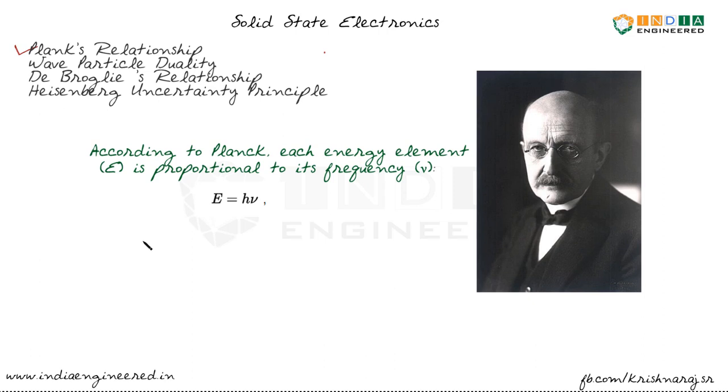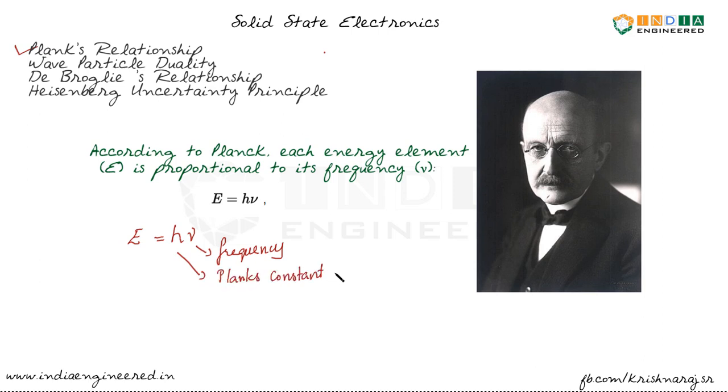With respect to semiconductor theory, the important point to note here is that the energy E associated with a photon is equal to h nu, where nu is the frequency and h is Planck's constant. It's good to know that Planck's constant is a really small number, 6.62 into 10 power minus 34 joule seconds.